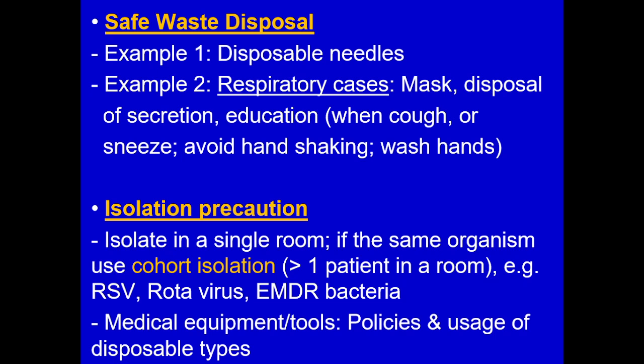After you finish, everything will be thrown away. Equipment for pleural fluid aspiration and ascitic fluid aspiration is disposable. They come in one unit. Use them and then dispose of them. This is very important.